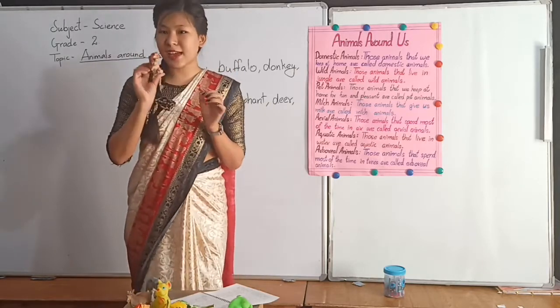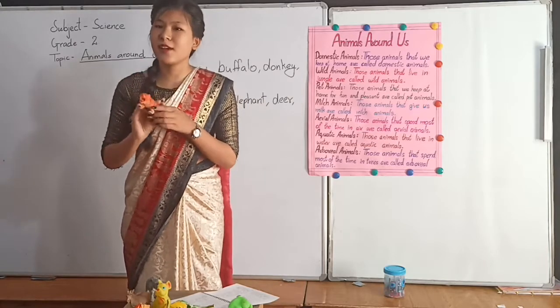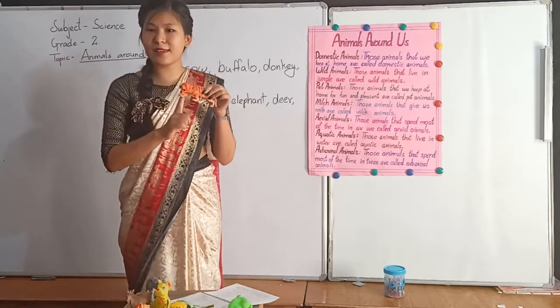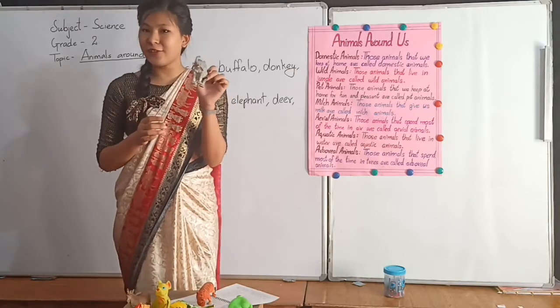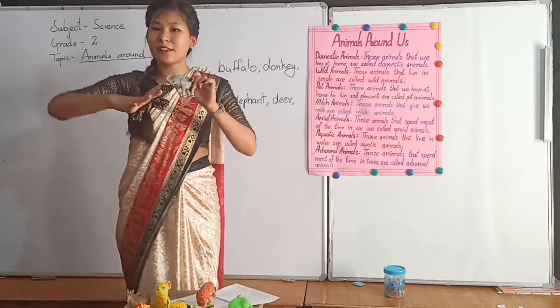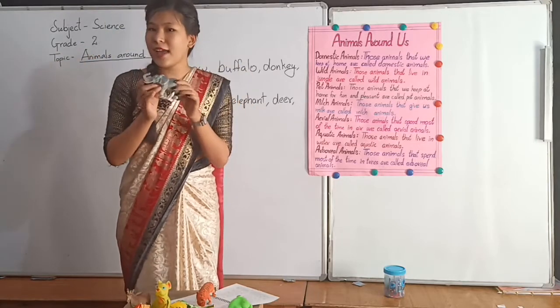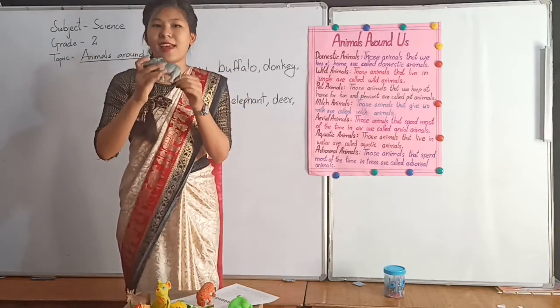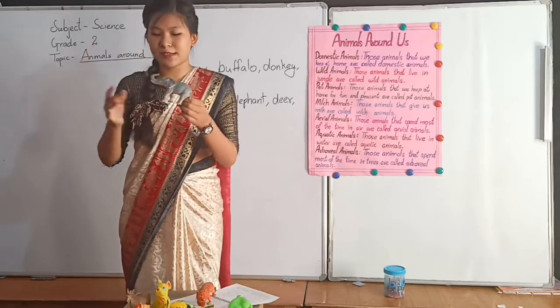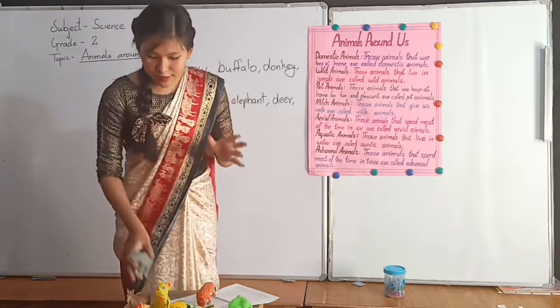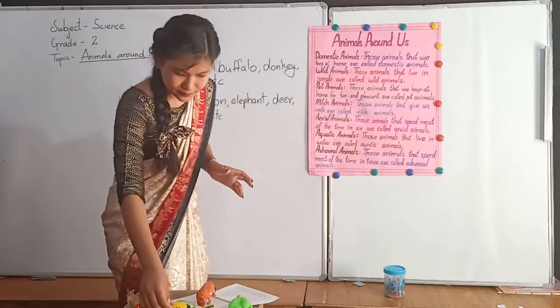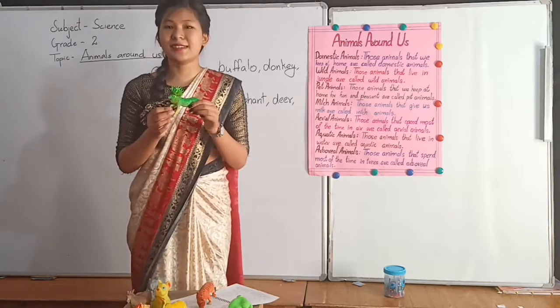So this is a tiger. This is a wild animal. Tiger lives in jungle. Now next I have is elephant. Elephant is very big in size. So elephant is what? Wild animal. Now next I will show you is deer.